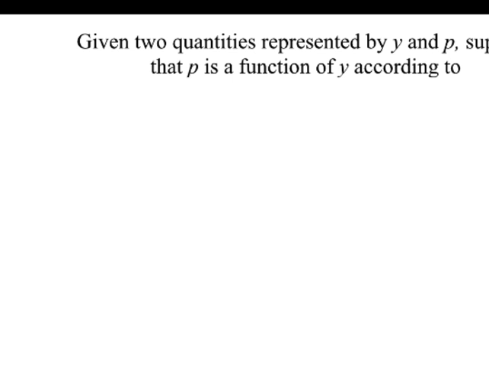P is a function of y. P of y. Is P of y? So given two quantities represented by y and p, p is a function of y means P of y. Agree?